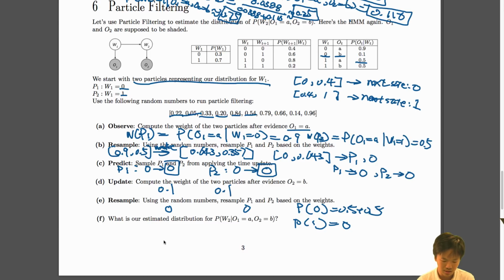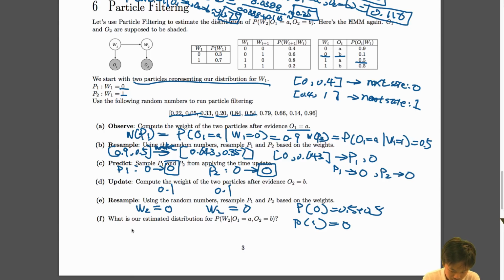So now we can see that both particles, after observation update, resampling, and prediction update, end up both at hidden state W2 equal to 0.